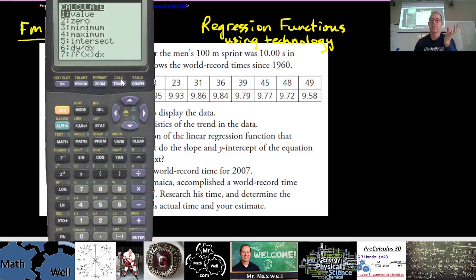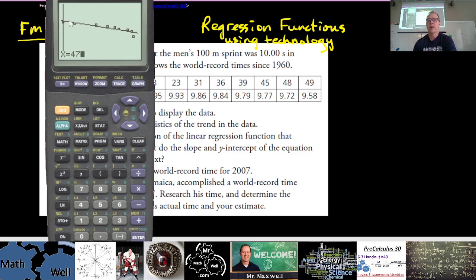It's a different calculation menu than the stat one. You just hit number 1 for value, and that will allow you to plug in an x value. We're going to plug in 47, which represents 2007.